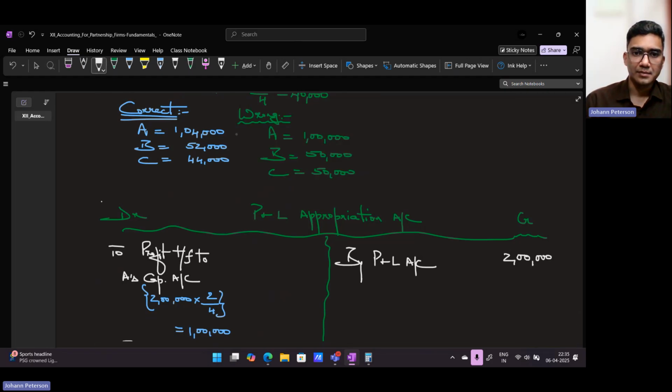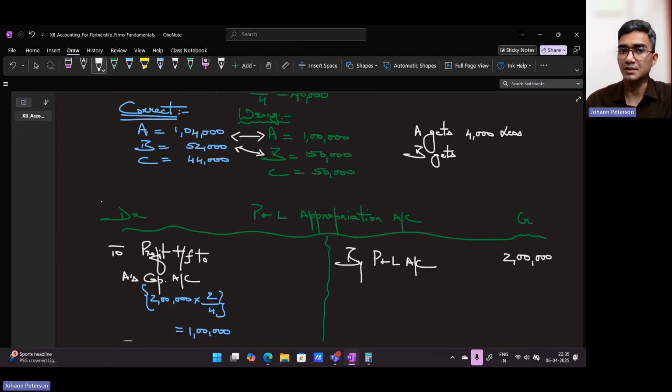Here I can say, looking at these two, in the correct way, A was supposed to get 1 lakh 4,000, but A is getting 1 lakh. So A is getting 4,000 less. B, looking at these two, B was getting 52,000 correctly, but he has got only 50,000.